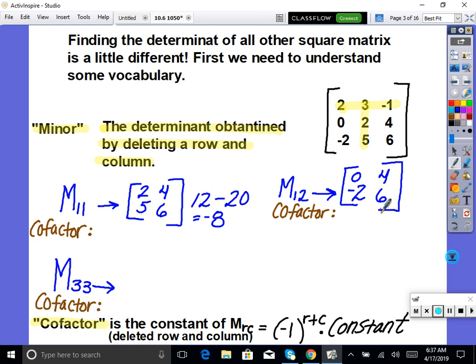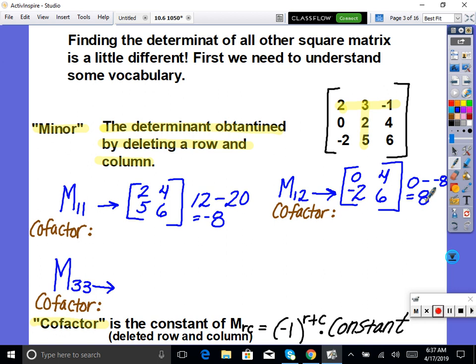Does everybody see it? Okay, cool. If I asked you to find the determinant of the minor here, you would do 0 times 6, which is 0, minus 4 times 2, which is negative 8. So we would get positive 8. I think we're probably getting the picture here.